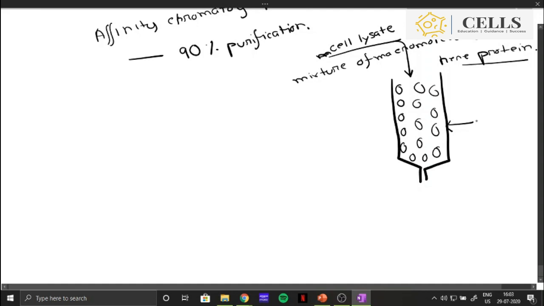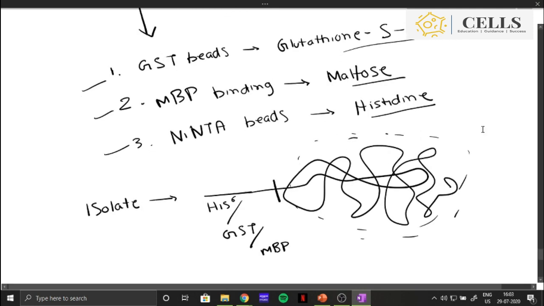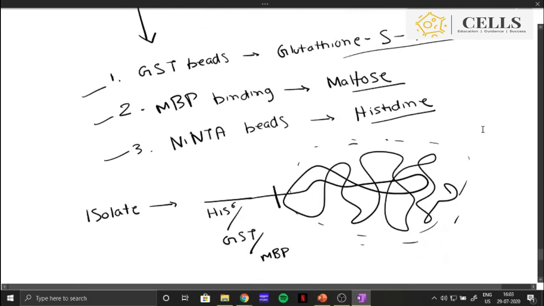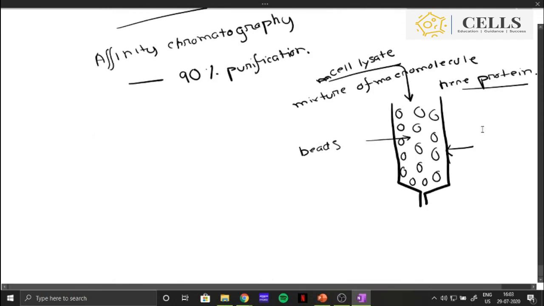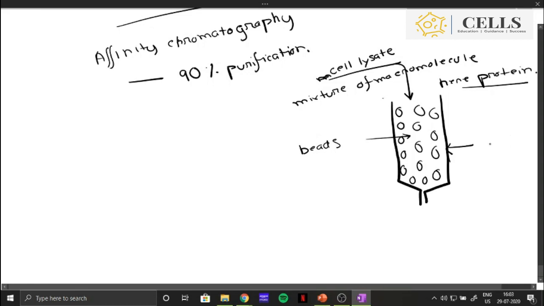Okay, so these are beads. Yeah, so this is the column, and this is the open area where you put the cell lysate, and this is where the purified protein comes.